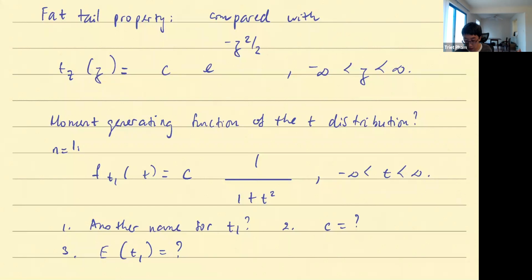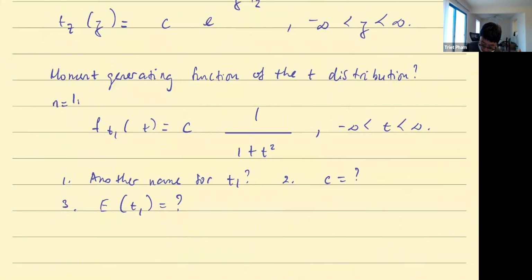Does anyone know any of these questions? Well, one, it's called the Cauchy distribution.